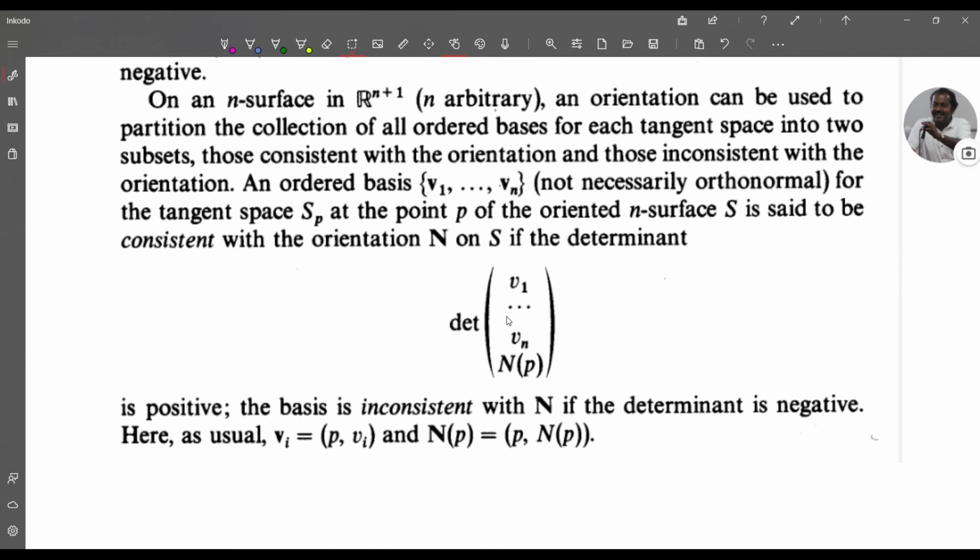The basis is inconsistent with n if the determinant is negative. As usual, Vi is P Vi, and n of P is P n of P, vectors acting at P and a normal vector acting at P. So the basis of the tangent space Sp at the point P is said to be consistent with orientation if this determinant is positive, and inconsistent with orientation if this determinant is negative.